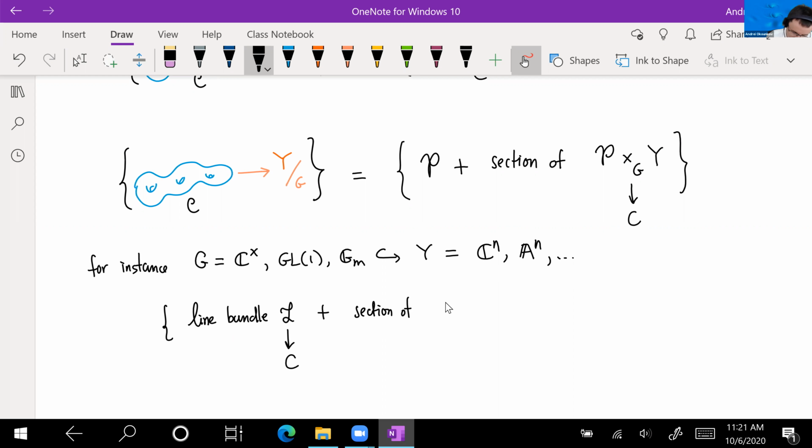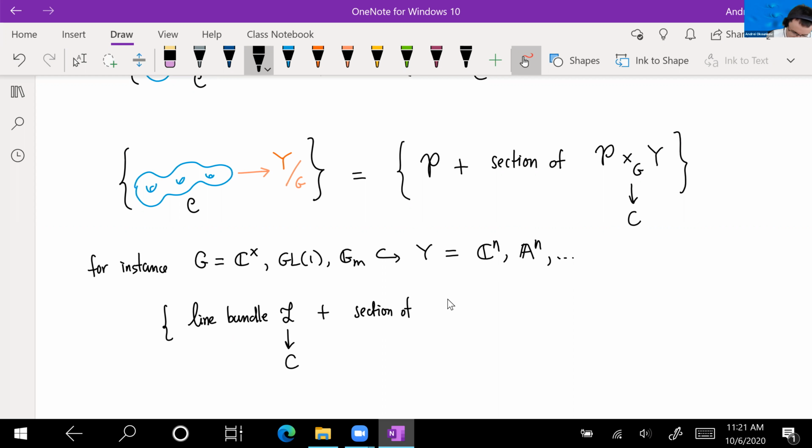So if you take L direct sum n times, this is to say a section of n copies of my bundle is the same as n sections of L. And this looks very classical, like maps to projective space, and in fact it does.